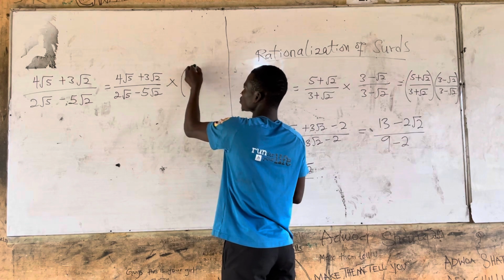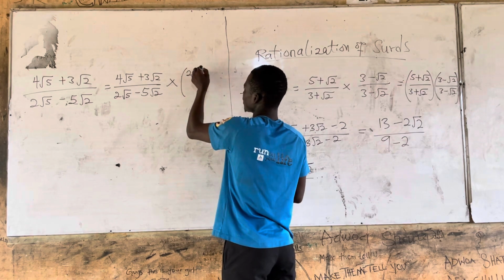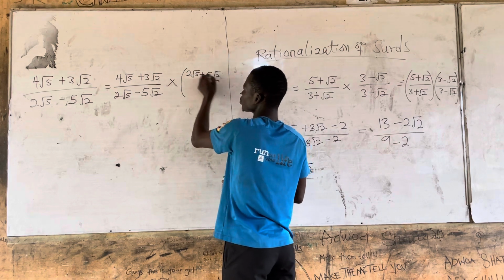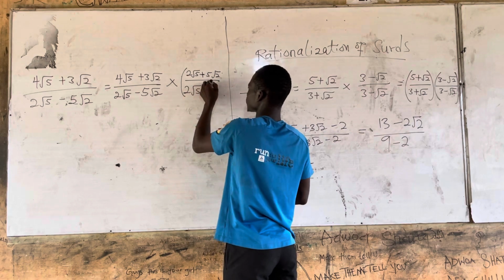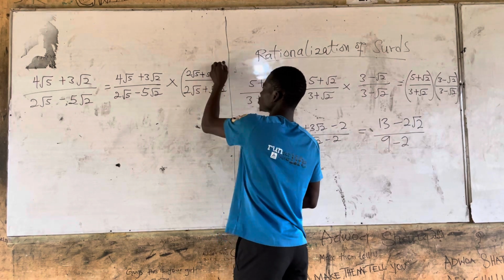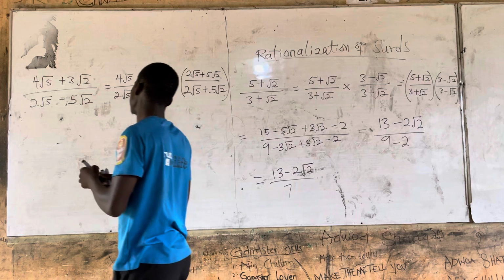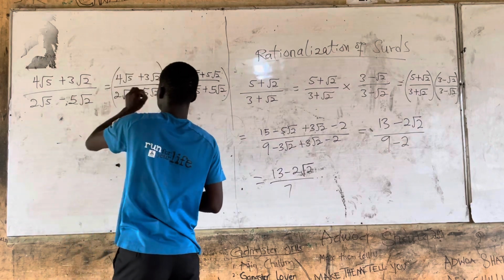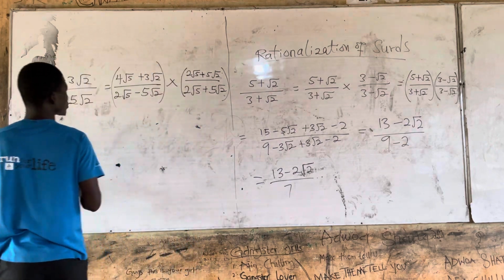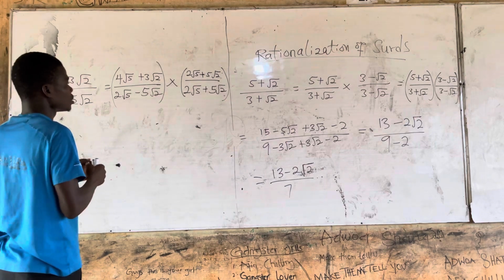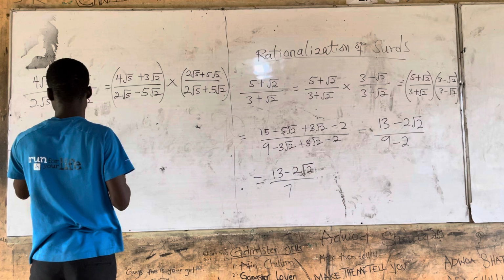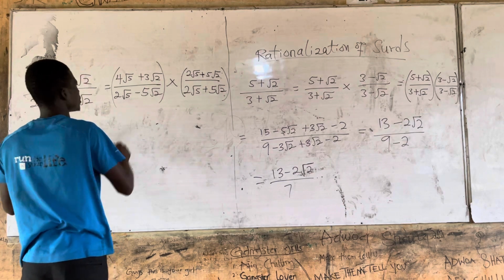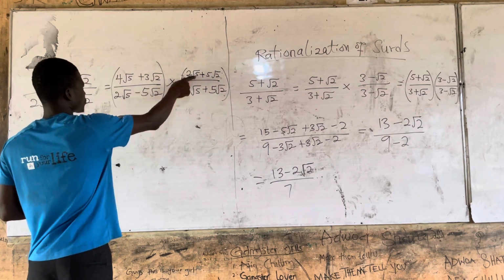Sorry, the conjugate is plus 5 root 2, all over 2 root 5 plus 5 root 2. So in this case, let's multiply them. So we are going to get 4 root 5 times 2 root 5. You have 8 times what? 5. Because 4 times 2 is 8, root 5 by root 5 is 5.